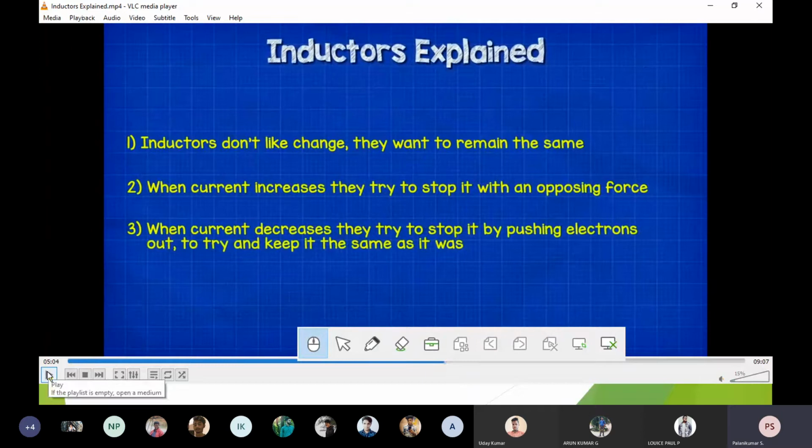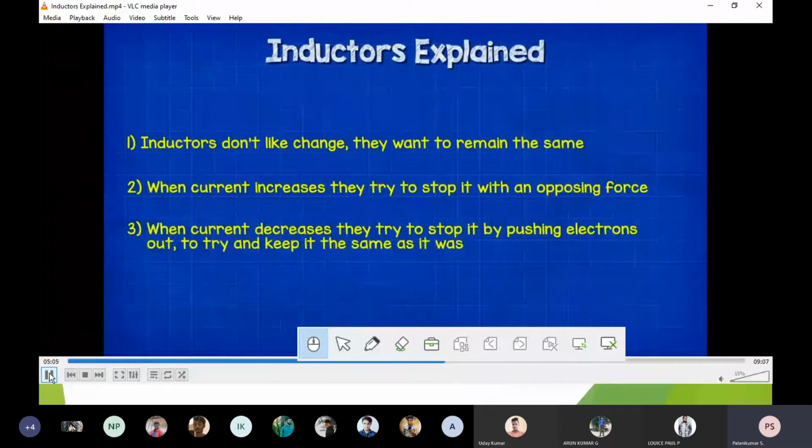Here the supplied electrical energy is converted into magnetic energy, which is stored in the inductor. Whenever it is disconnected from the supply, it supplies the energy to the lamp.